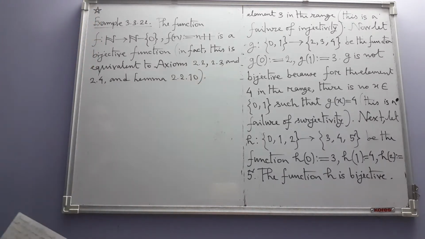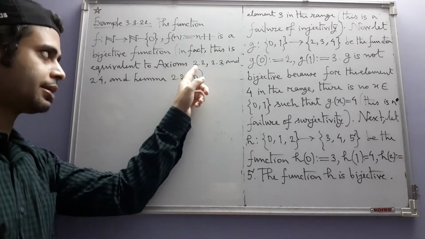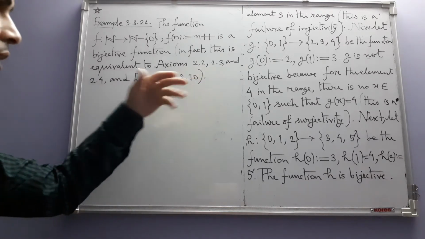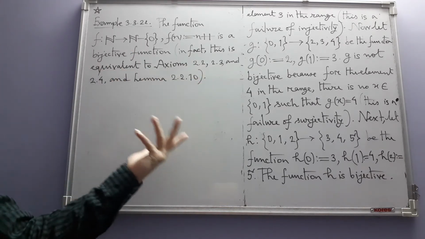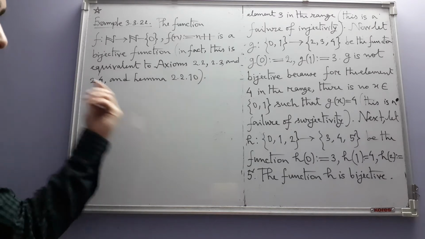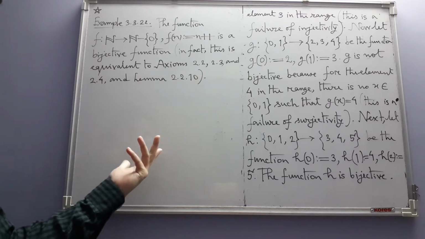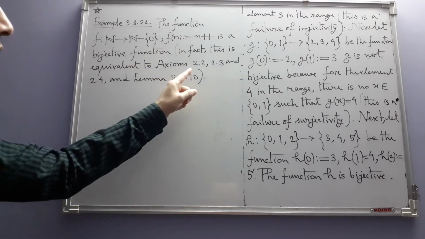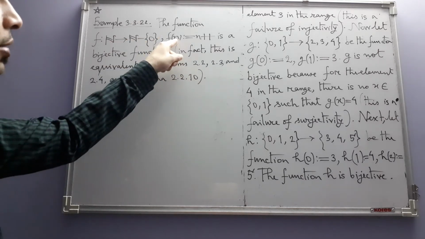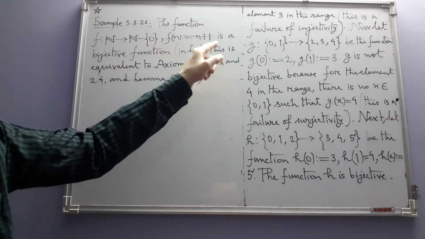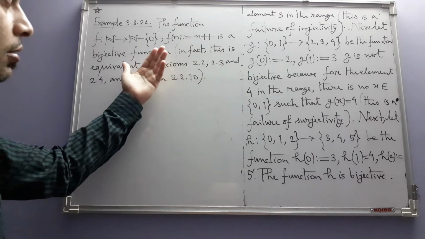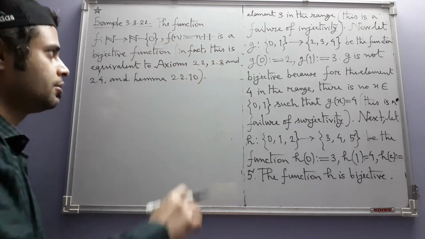Axiom 2.2, okay, first of all, what does Axiom 2.2 say? Axiom 2.1, of course, is the statement that 0 is a natural number. Axiom 2.2 says that for every natural number n, there is a successor, n++, the next one.